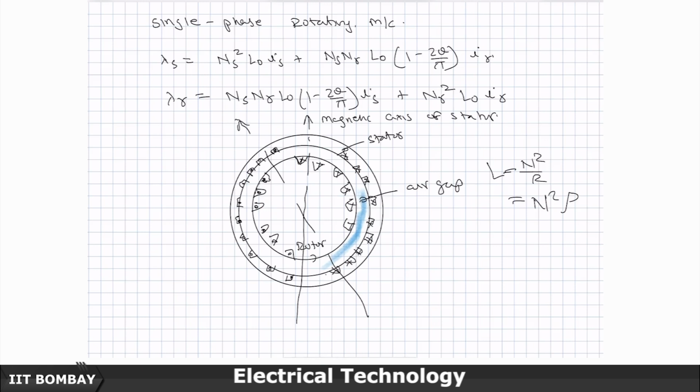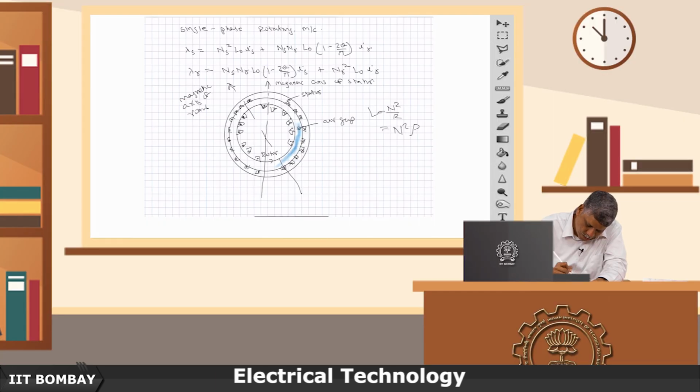So, now this is the magnetic axis of the rotor, and anti-clockwise direction is taken as the positive direction. It is at an angle theta with respect to the stator. This theta can change because the rotor winding is going to rotate.